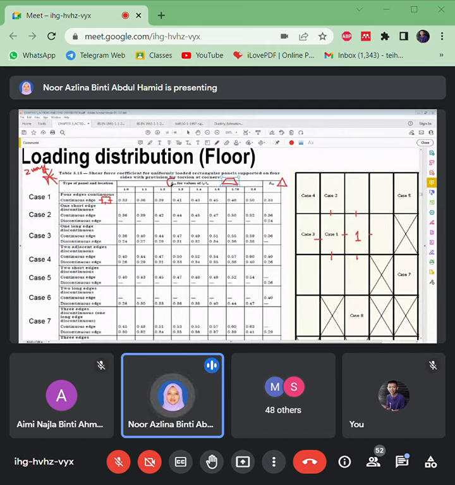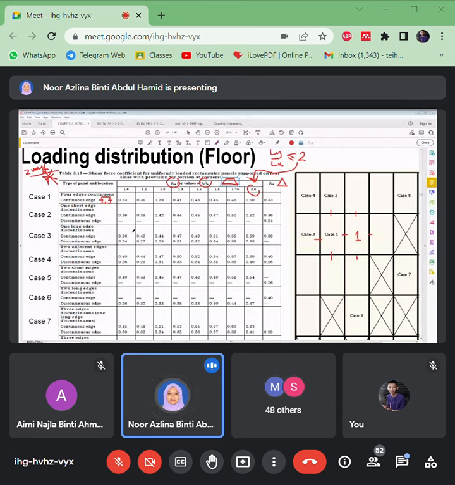Okay, for the coefficient of BVX, that means this value is 1, 1.1 up to 2 here. Because of two-way, right? Two-way is Ly divided by Lx equal or less than 2. So that's why the last column gives a value of 2. So kalau lebih daripada 2, it becomes one way.